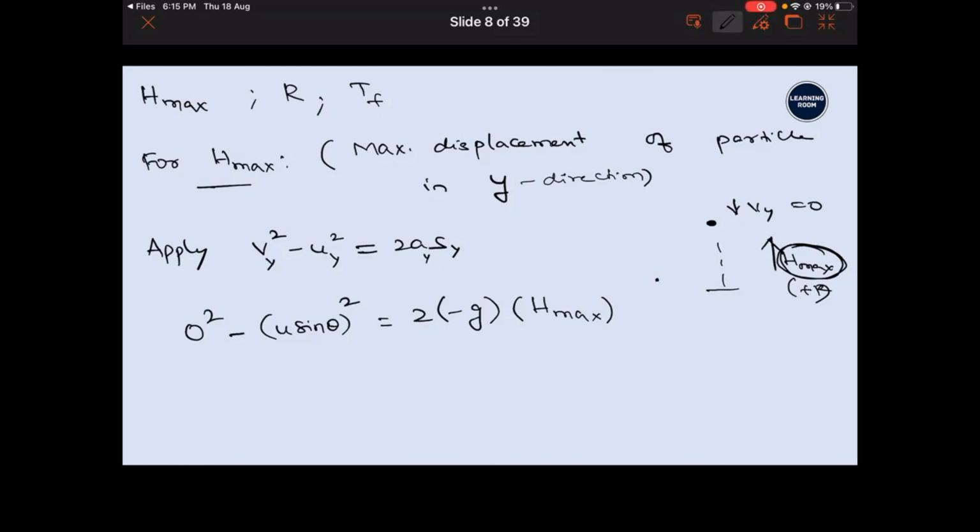During this process, initial velocity was u sin theta and the final velocity was 0. So you substitute all the values here so that you get minus u square sin square theta is equal to minus 2g into h max. Minus and minus will get cancelled, which implies h max is equal to u square sin square theta divided by 2g.